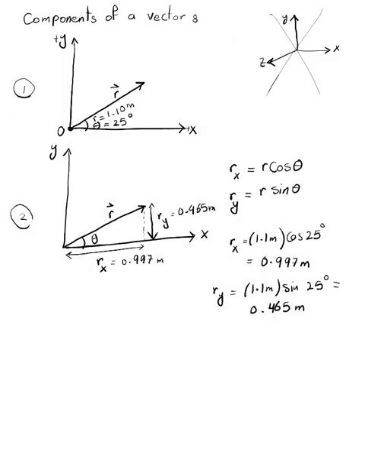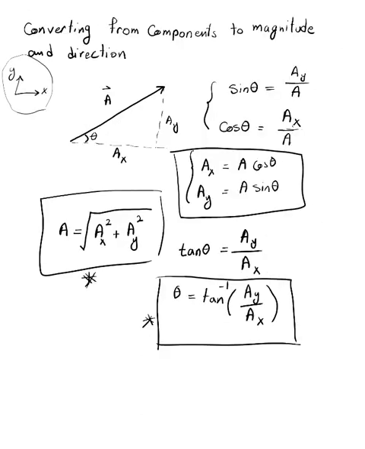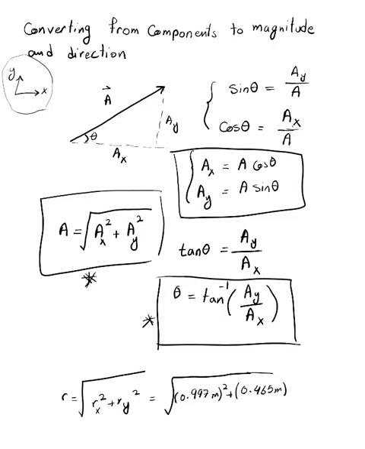For example, on the previous page, when you had Rx and Ry, you can simply find R to be the square root of Rx squared plus Ry squared. So it's going to be the square root of 0.997 meters squared plus 0.465 meters squared.